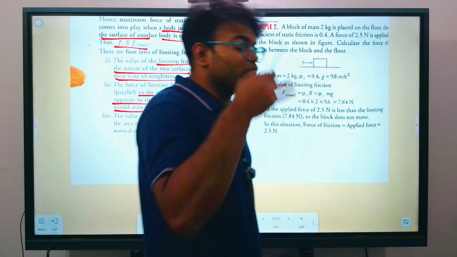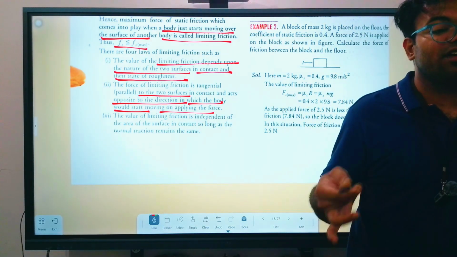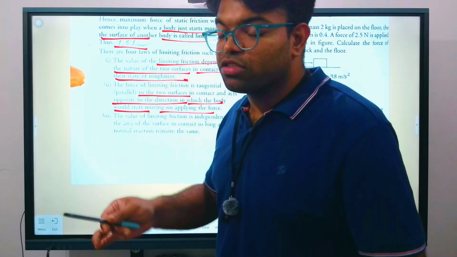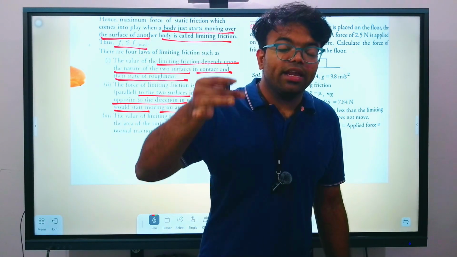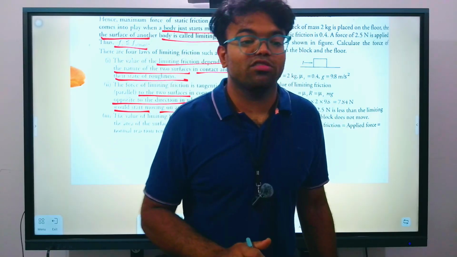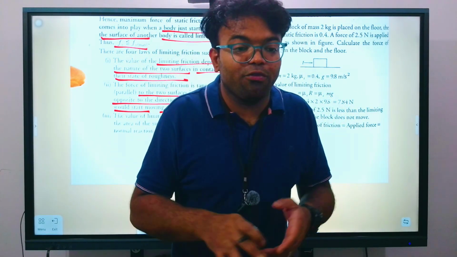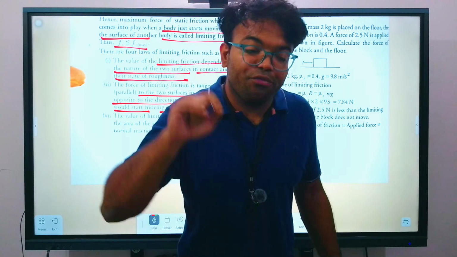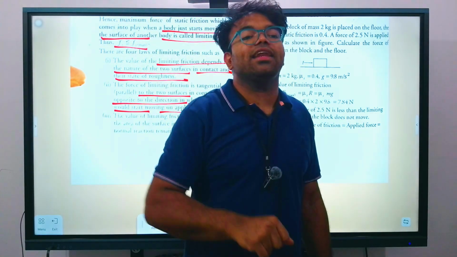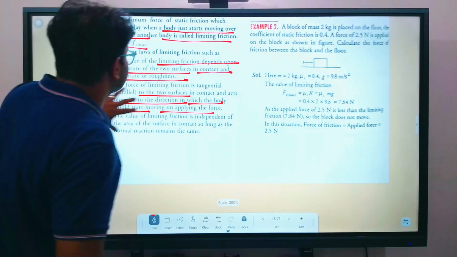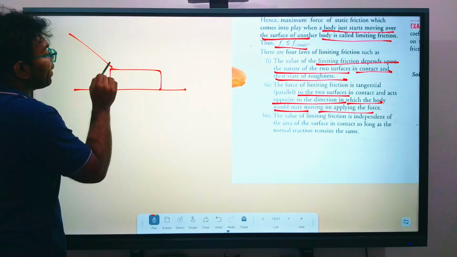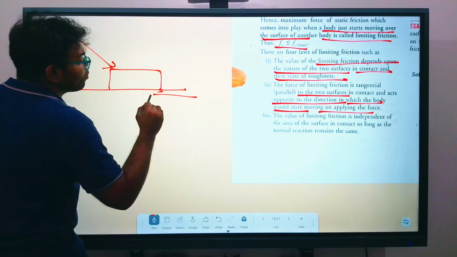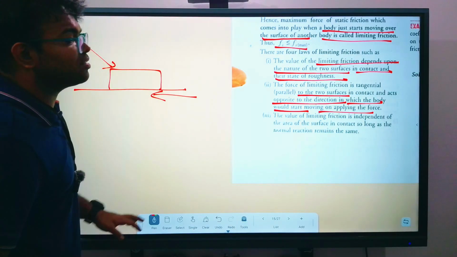The frictional force will always be parallel to the surface, no matter whether the actual force is parallel to the surface or not. If you apply a force at an angle, the frictional force will still be parallel to the surface. Understood?